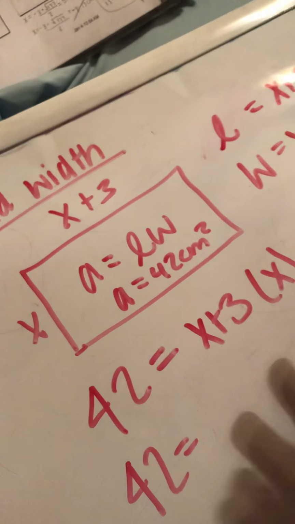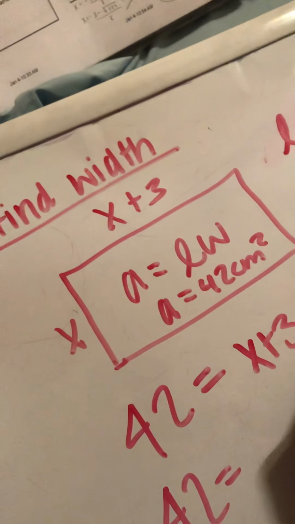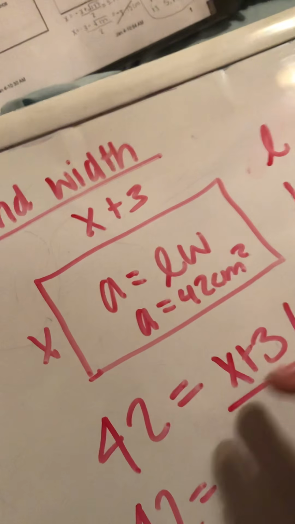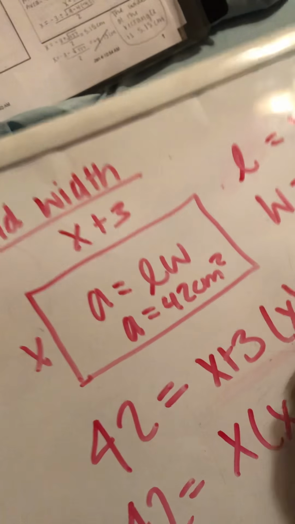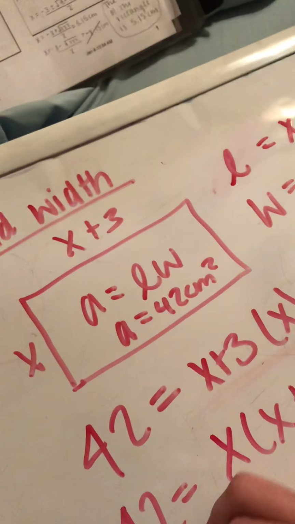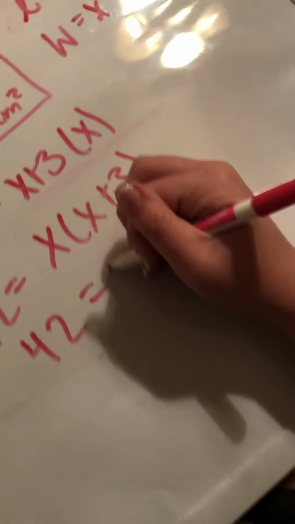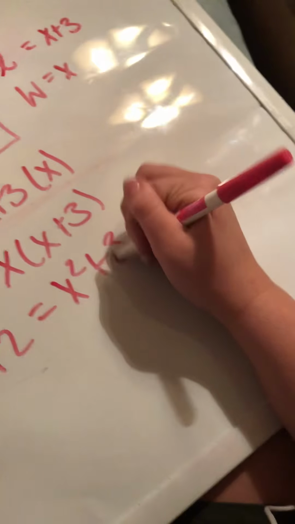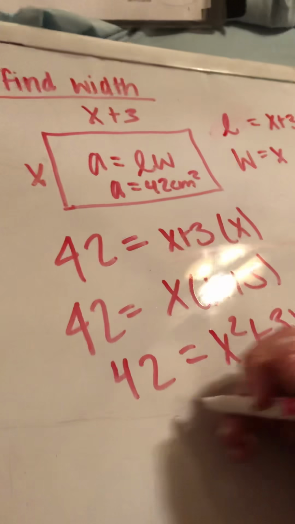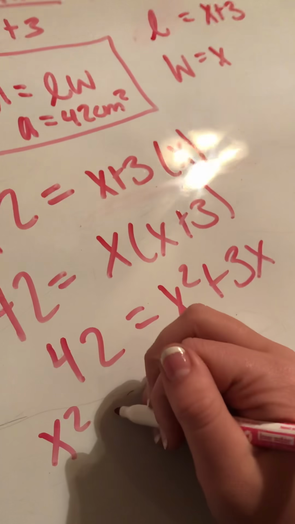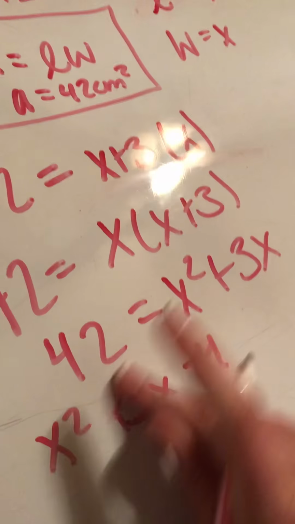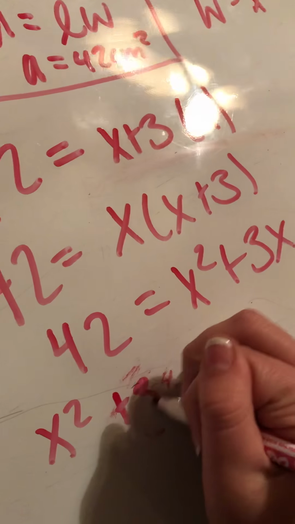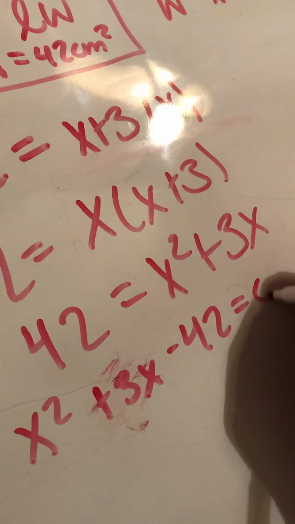You can also look at it this way so it's easier to distribute: 42 equals x squared plus 3x. You can subtract 42 to get x squared plus 3x minus 42 equals 0.